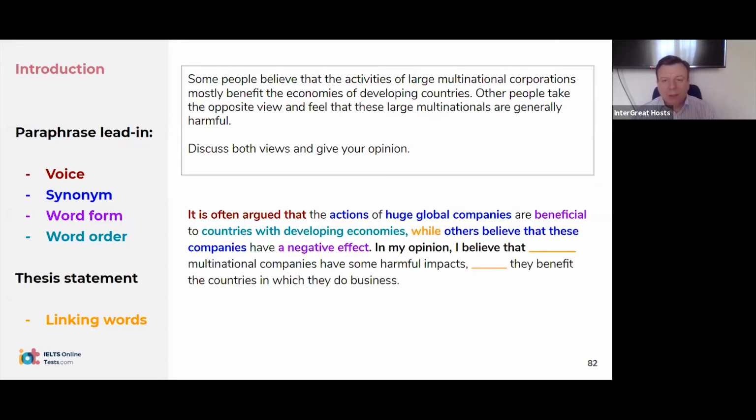So we'll use linking words. So see if you can put them in. Okay, Neo, good. Anton, good. Saswati, yeah.